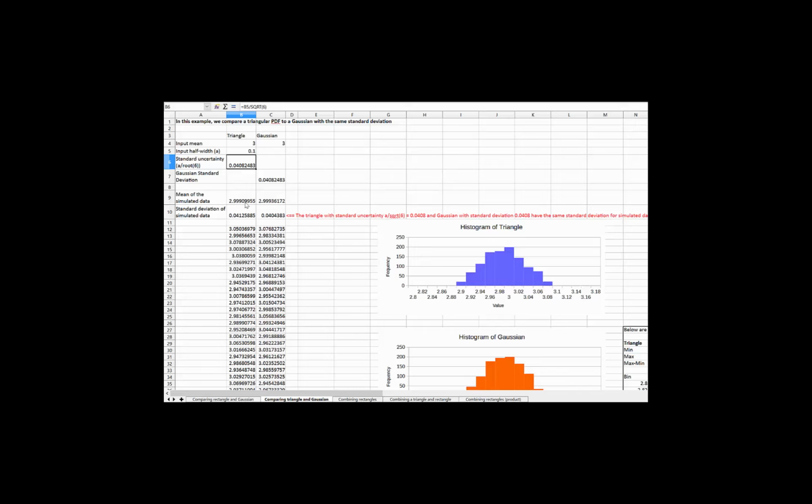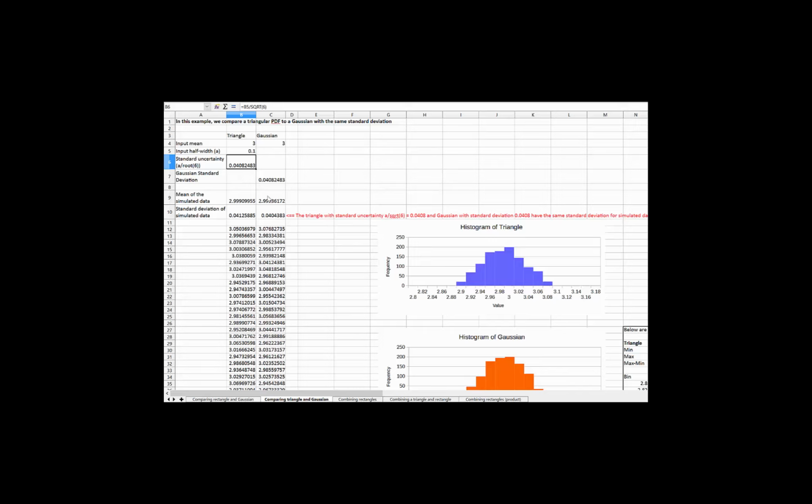So I simulate that, and this one's a really crazy function, but it does in fact make triangular data, and you can see that from the histogram shown over here. The mean of those data is 3, and the standard deviation is 0.041, just like we were expecting from the standard uncertainty that we calculated.